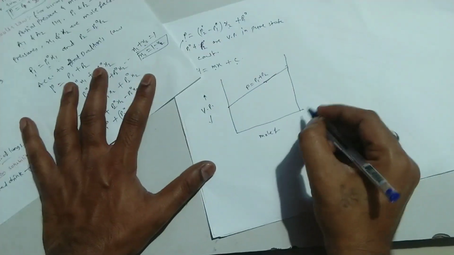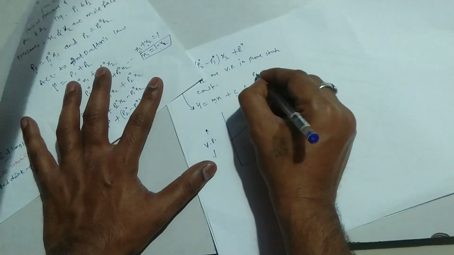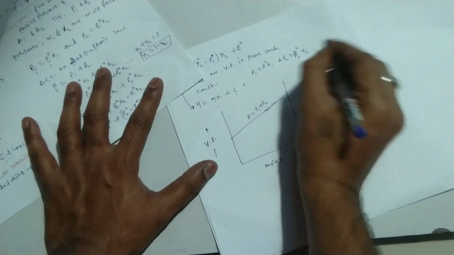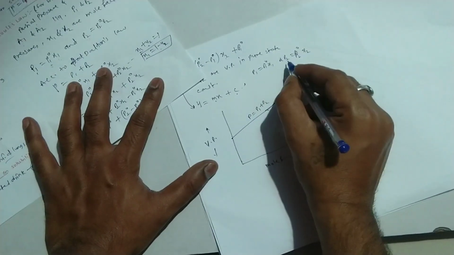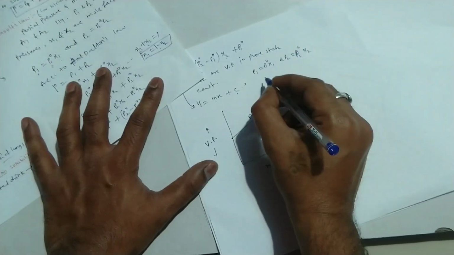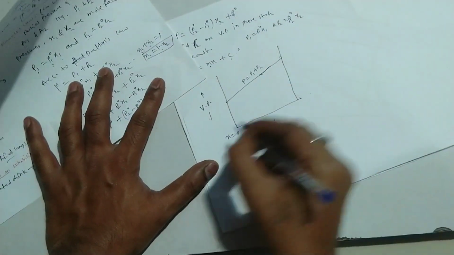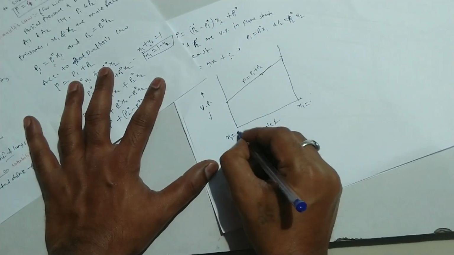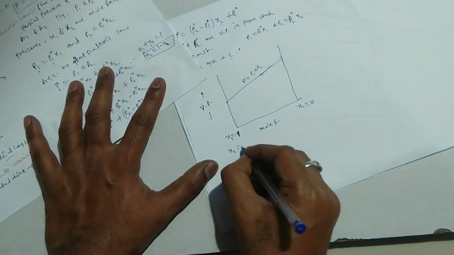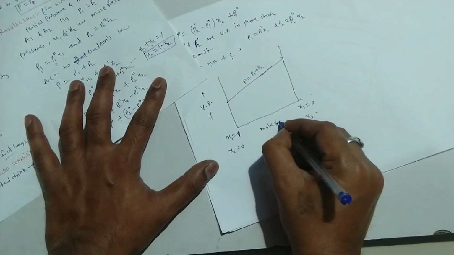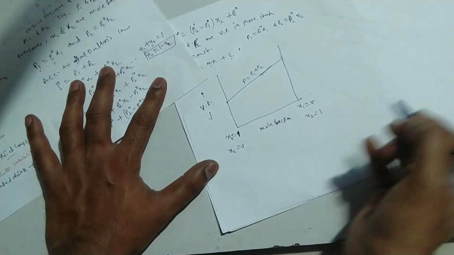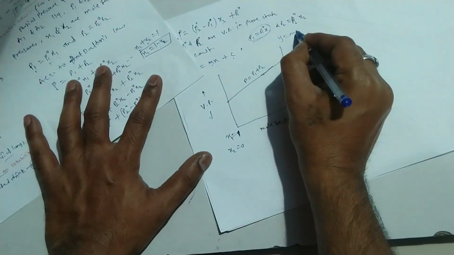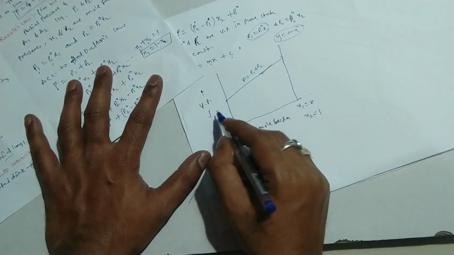Here we again have the two equations, P1 is equal to P1⁰x1 and P2 is equal to P2⁰x2. Suppose we consider x1 equal to 0 and x1 equal to 1, and x2 equal to 0 and x2 equal to 1. Both equations look like the form y is equal to mx, and both axes are vapor pressure.